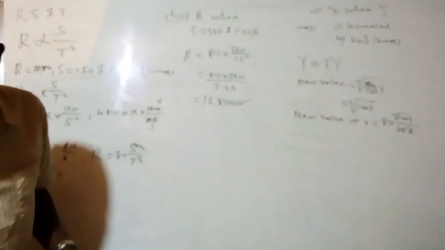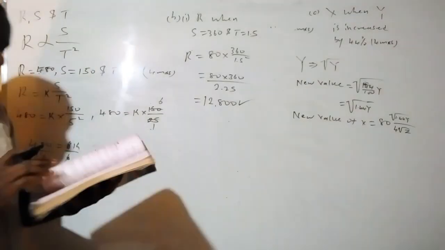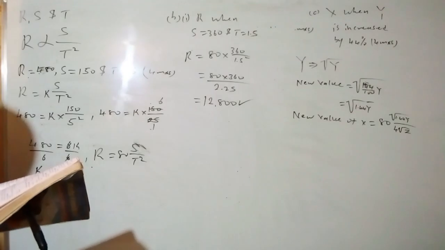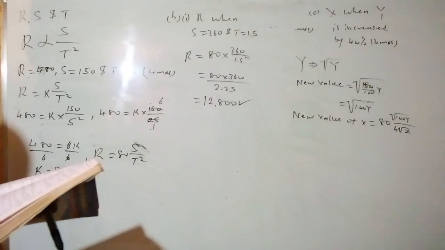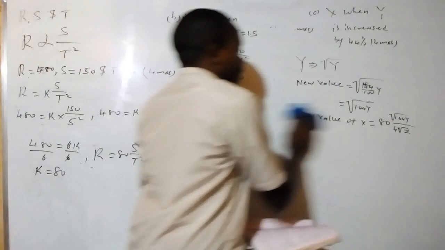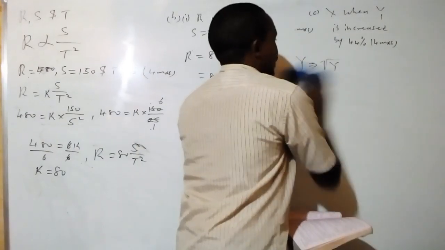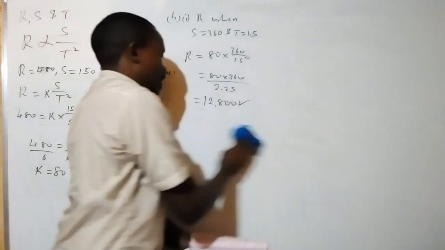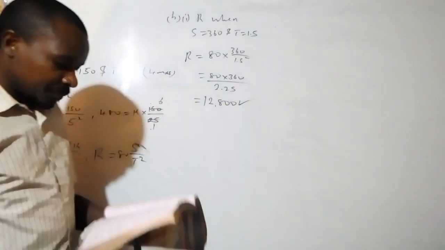Next, find the percentage change in R if S is increased. This is 4 marks.